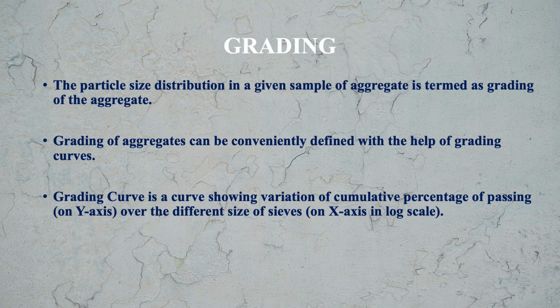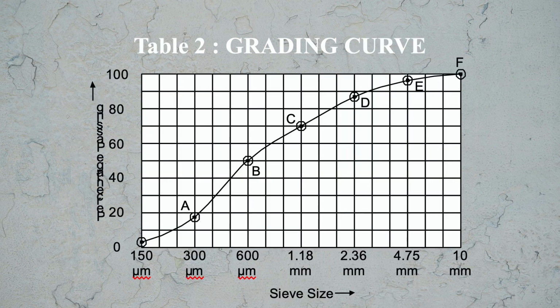Sieve size varies from micron size to basically 80 mm, 40 mm. This variation is so large that if you draw it on a simple scale, that will not be possible. So that is taken on the log scale. This curve is prepared on a semi-log scale, and on the x-axis, the log scale, we take the sieve sizes.